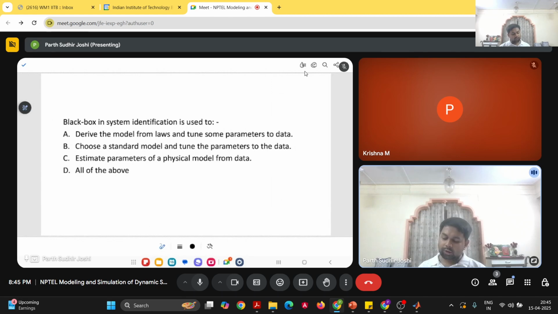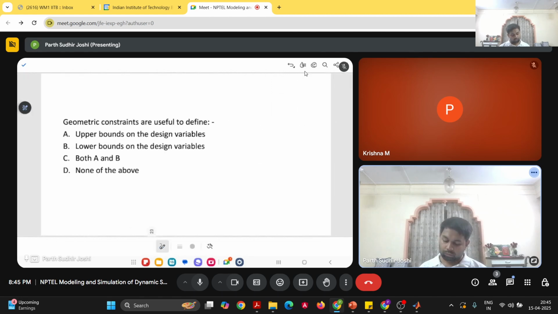Our next question seems to be a repeat of what we just discussed earlier. Black box in system identification is to choose a standard model and tune the parameters to the data. So the correct answer to this question is B. Let's move to the next question.